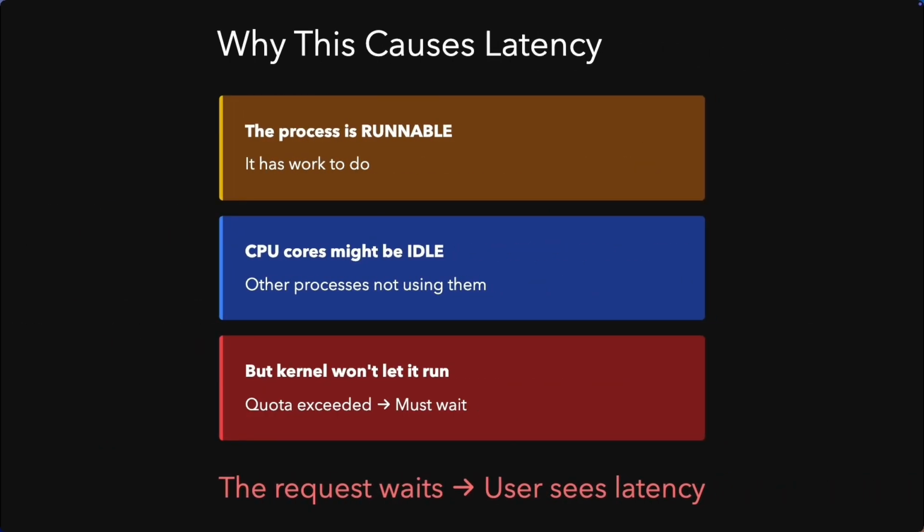This is why throttling causes latency. The process is runnable. It has work to do, and the CPU cores might even be idle, but the kernel won't let it run because it exceeded its quota. The request waits, and your user sees latency.